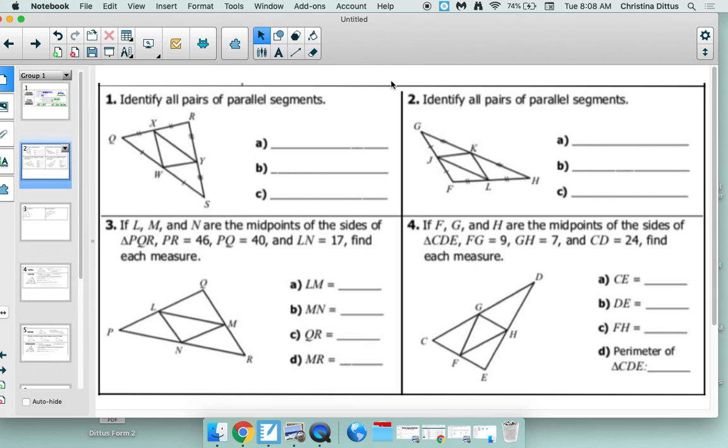Okay, so the first one, you'll notice that you have lots of lines along there so that they tell you that they are midpoints. So let's just go through. XY is a midsegment and it is parallel to what side? QS, yeah. The side that it doesn't intersect. So XY is parallel to QS.